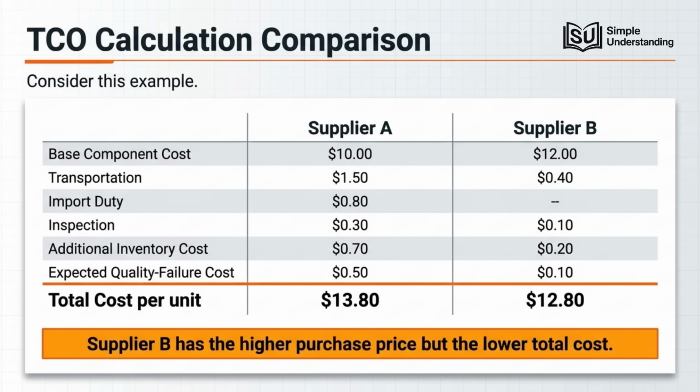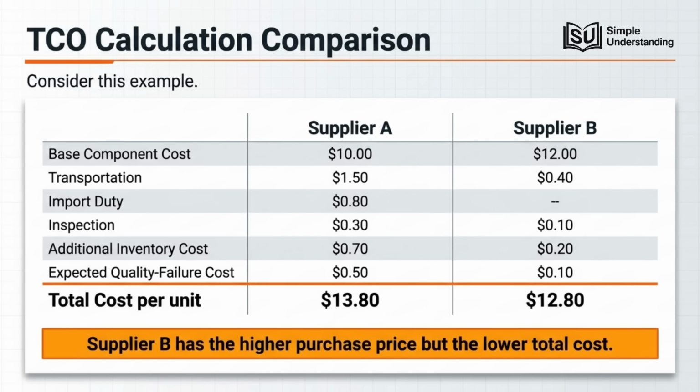Additional cost per unit includes transportation, $1.50, import duty, 80 cents, inspection, 30 cents, additional inventory cost, 70 cents, expected quality failure cost, 50 cents. Total equals $10 plus $1.50 plus 80 cents plus 30 cents plus 70 cents plus 50 cents. The result is $13.80 per unit.